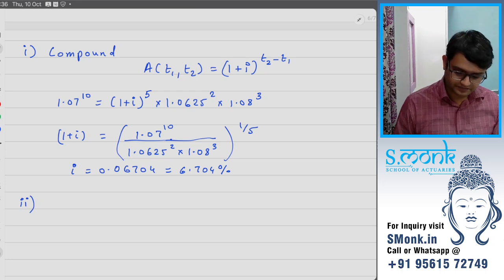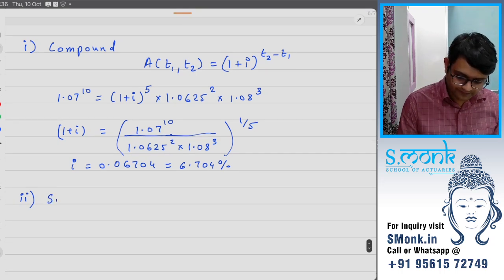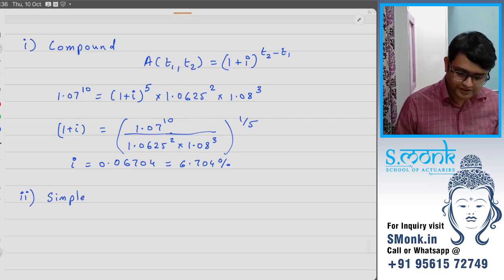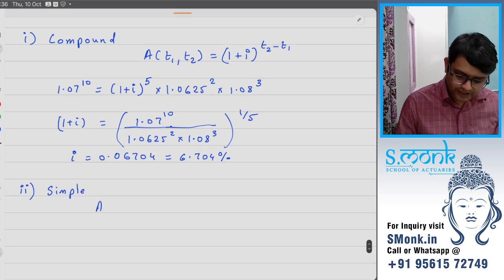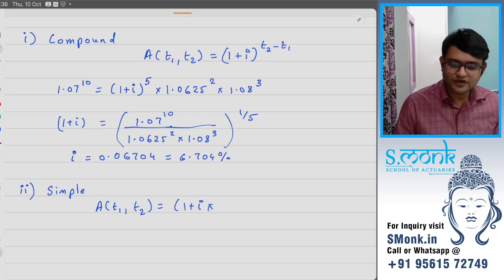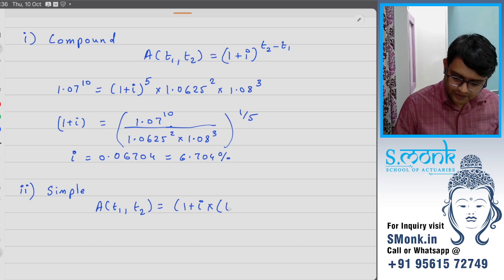Second, we want it for simple interest. In simple interest, the accumulation factor from time t1 to t2 will be 1 plus the rate of interest times the number of years. The number of years here would again be t2 minus t1.